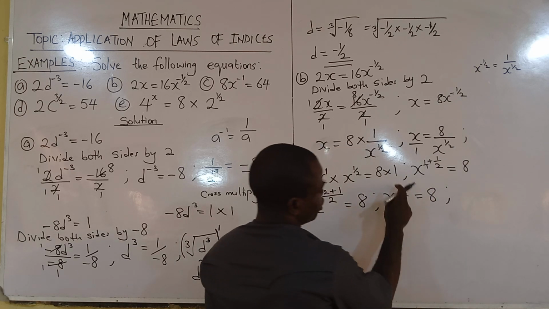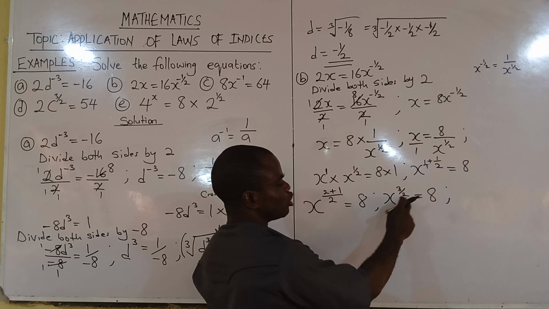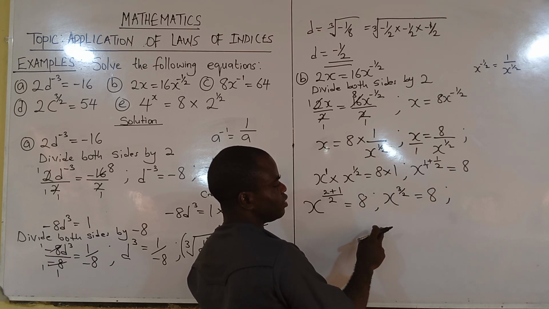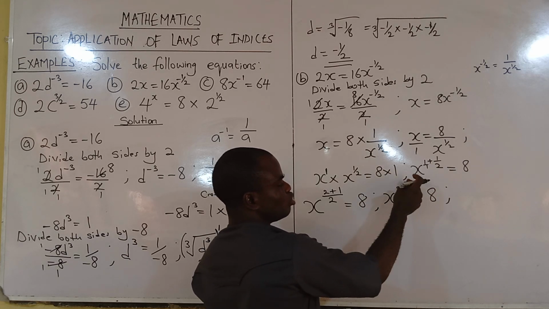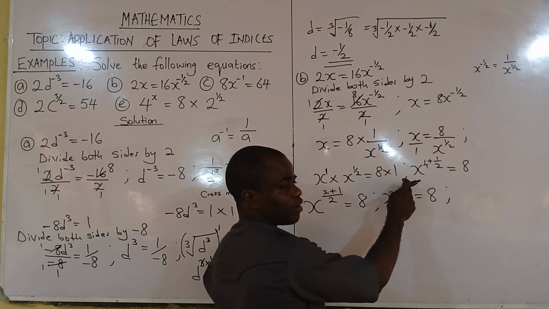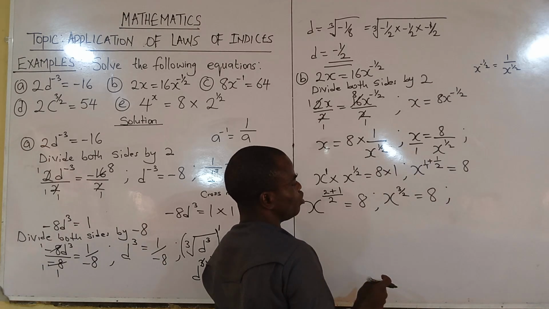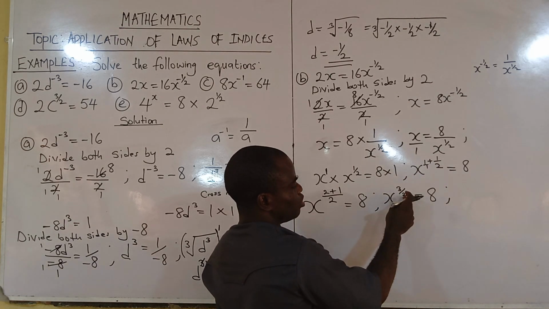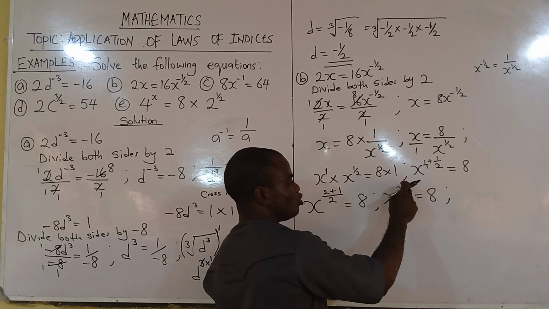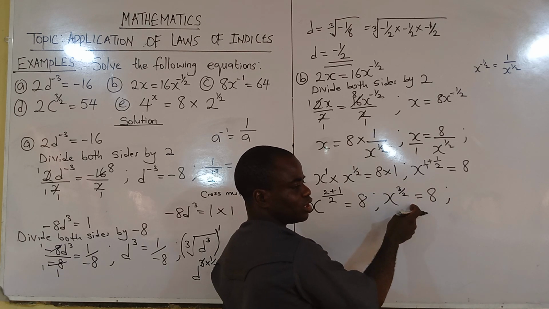Now we want to remove this 3 over 2. You multiply both sides by 2 over 3, which is the power. Both sides of the power, you multiply them by 2 over 3. You make the denominator go to the numerator, numerator come to the denominator.